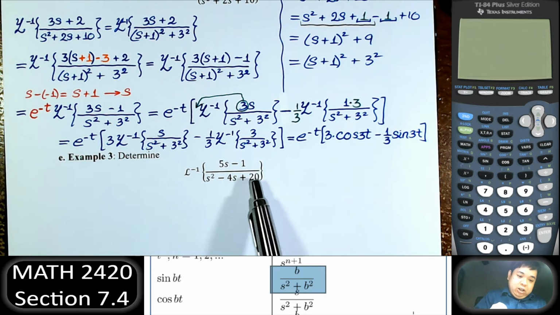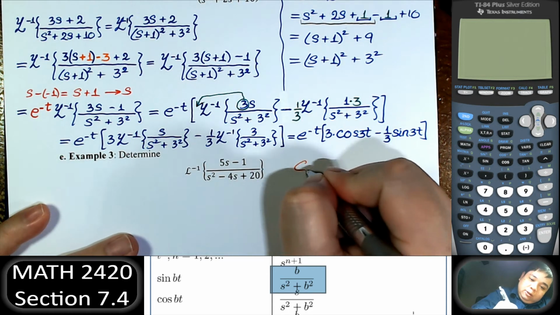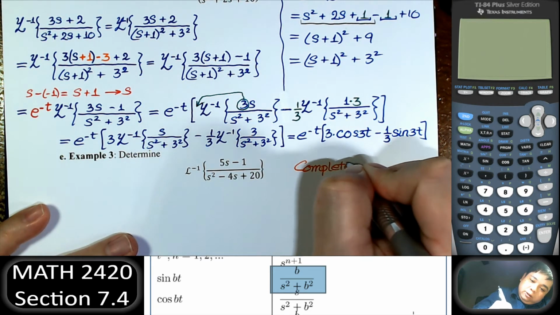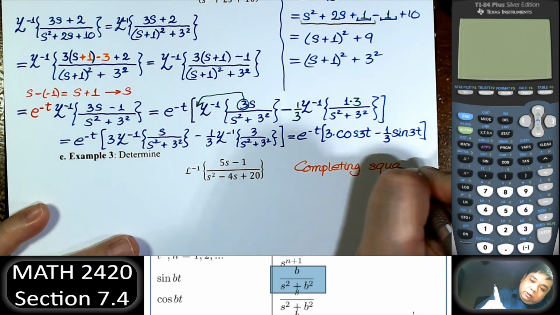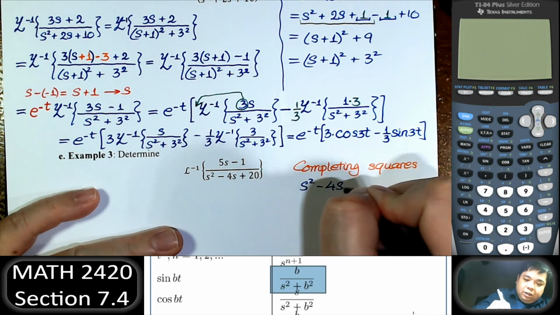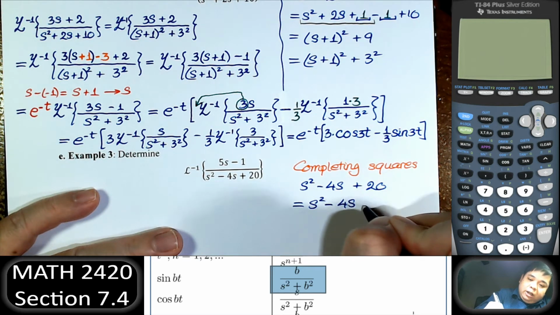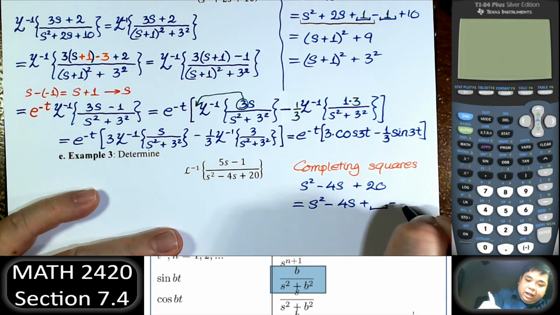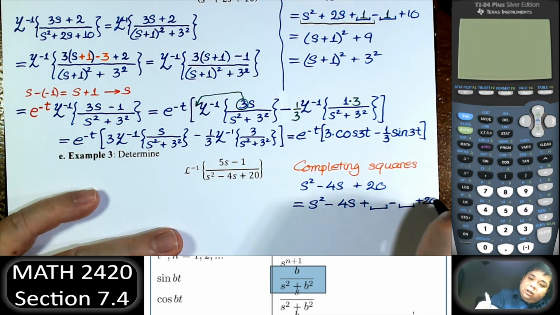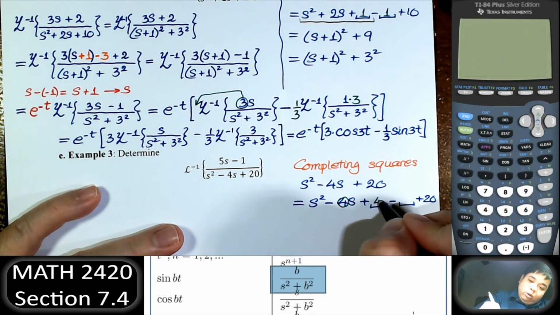Similarly on this one, s squared minus 4s plus 20, we should do the completing the square as well. S squared minus 4s plus 20, we need to add something and subtract something, and that something is half of this number. Half of 4 is 2, 2 squared is 4, so we're going to add that.